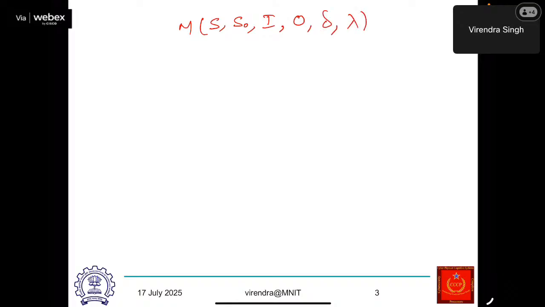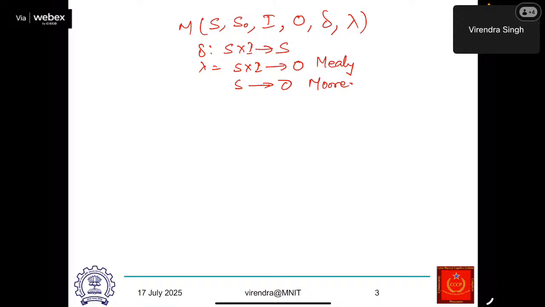One is the transition function, another one is the output function. Now the transition function is from state and input to the state, and lambda, that is the output function, goes from either state and input to the output, or state to the output. Based on this it is called a Mealy machine or Moore machine that we discussed yesterday.